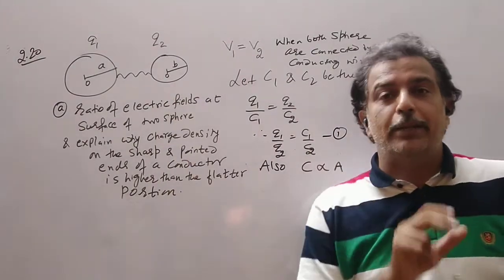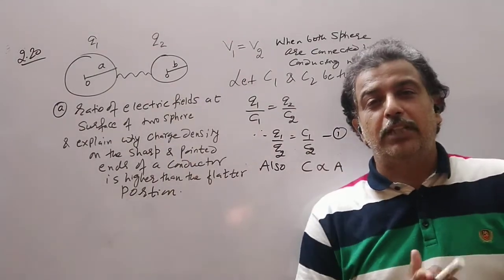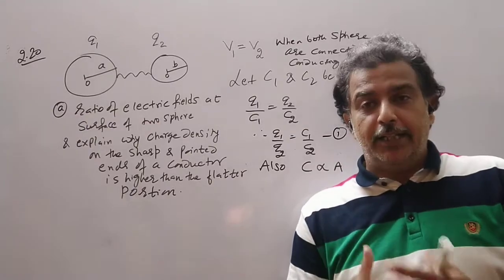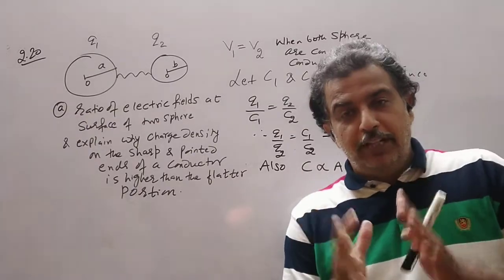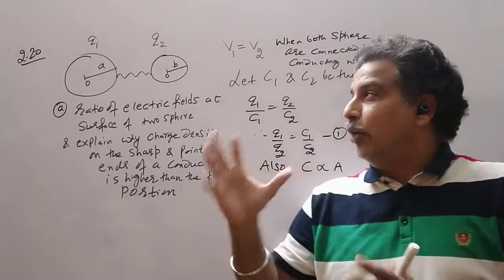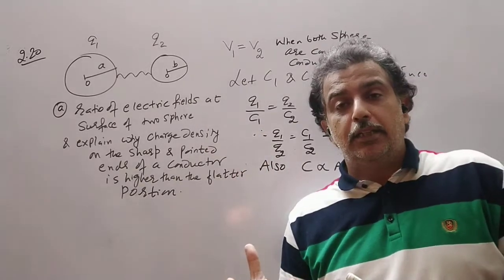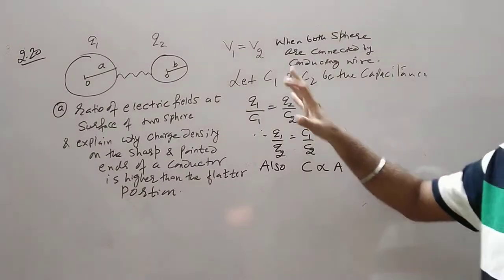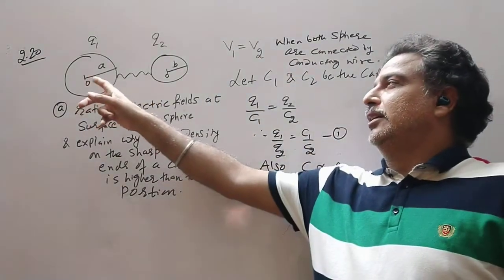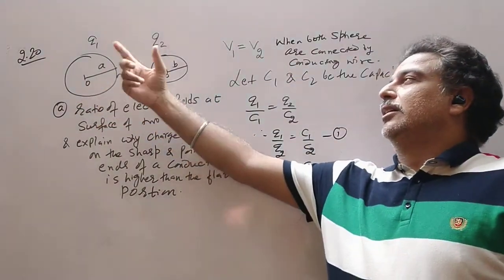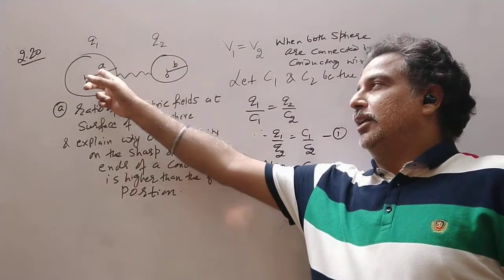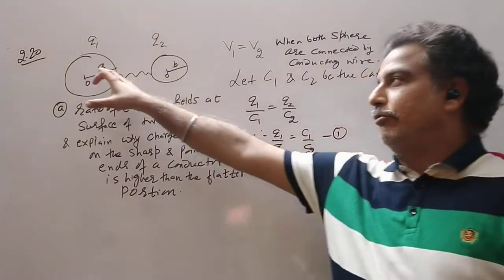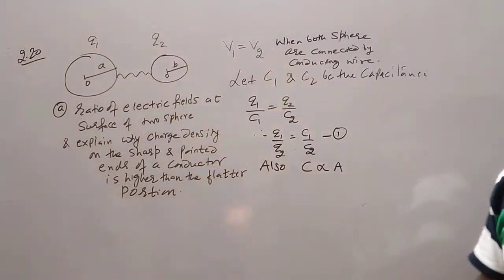So it is two capacitors which are connected with the help of a conducting wire. We will also see how an individual conductor can behave like a capacitor. For the time being, we have assumed two spherical capacitors in which the radius of one sphere is a, and that of the other is b.